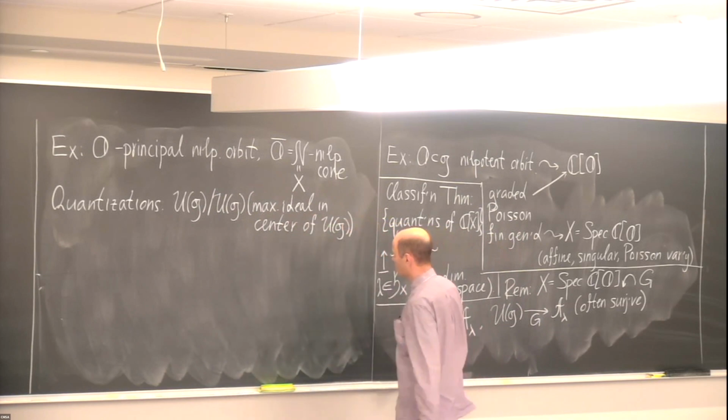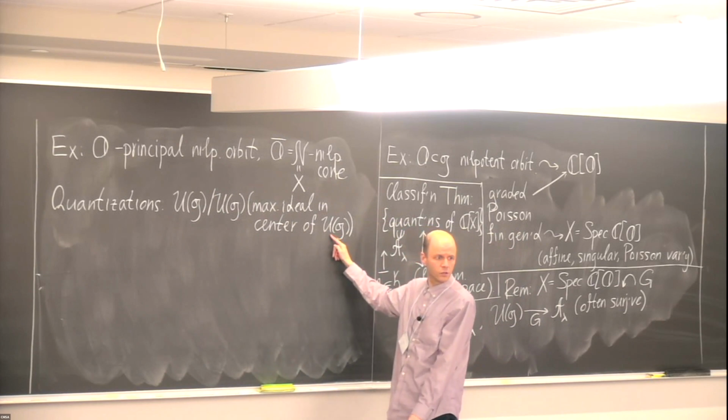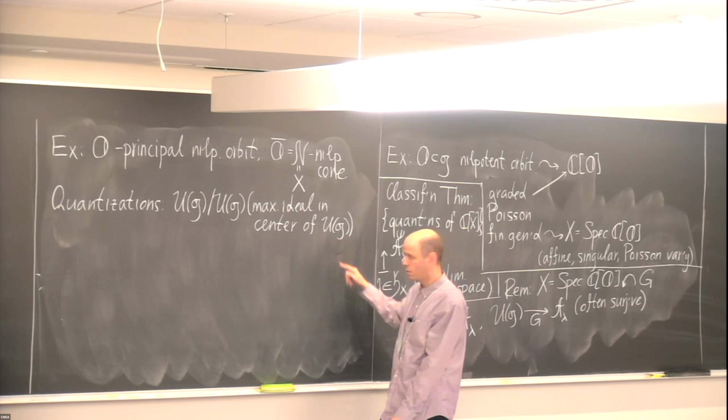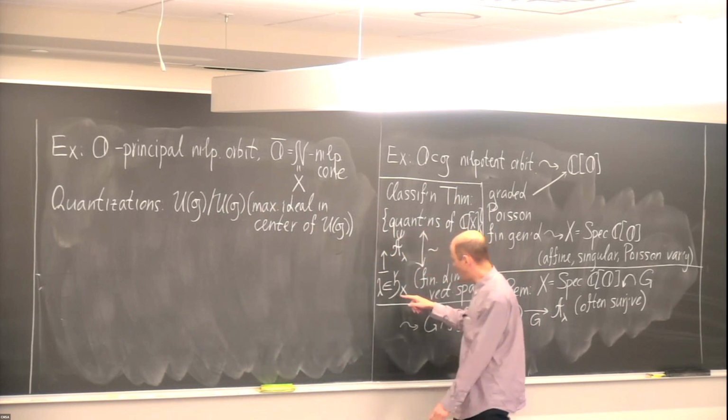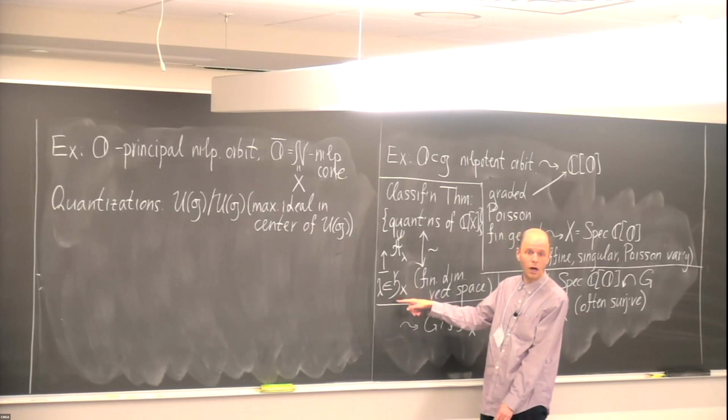Now, what does the center look like? It looks like Weyl group invariant functions on the Cartan. So in particular, my quantizations are classified by points of the Cartan modulo the Weyl group.